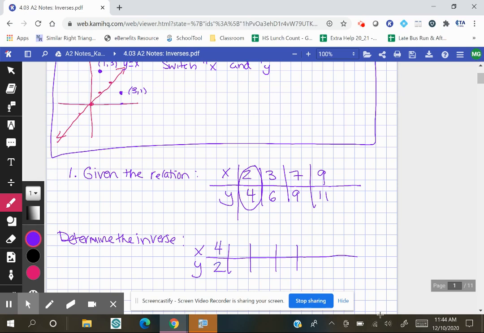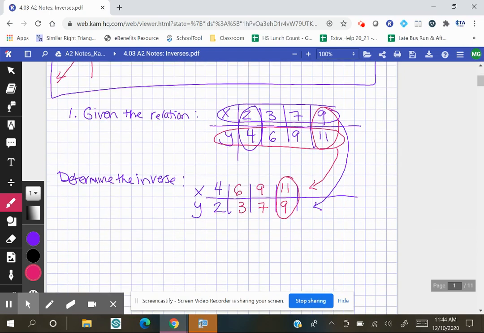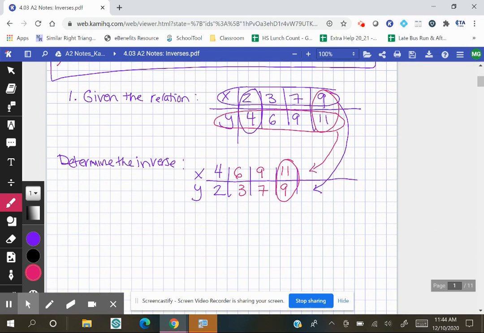Or you could look at it as taking all of these x values and they're going to become your y values. And then all your y values, well, they're going to become your x values. So we'd have 4, 6, 9, 11. And down here we'd have 2, 3, 7, 9. So the point 9, 11 becomes 11, 9. So the x and the y just switch.